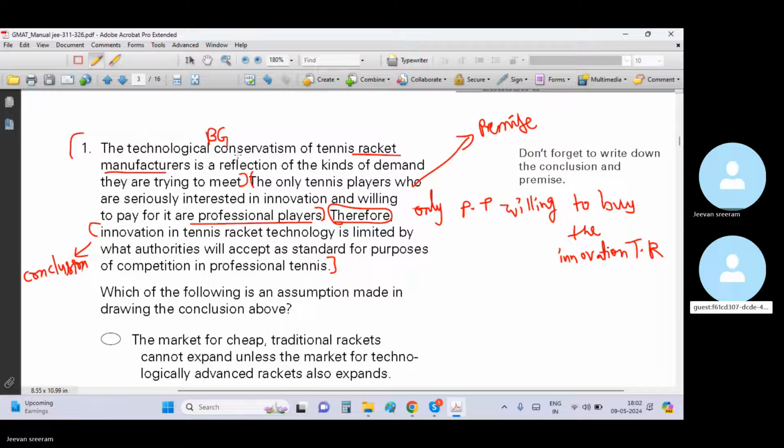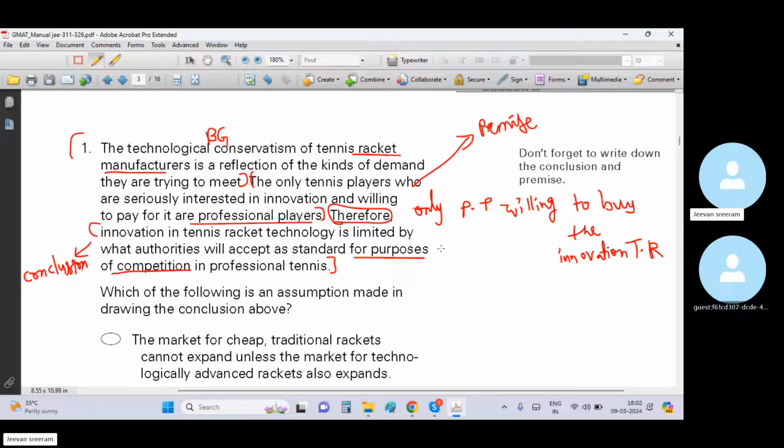Okay, what is his opinion now? Innovation in tennis racket technology is actually limited by what authorities will accept as standard for purposes of competition. Have you understood this? Yes. If they produce any innovative tennis rackets, the professional players first ask whether this innovative tennis racket is accepted by the authorities or not, because professional players should play in tournaments or competitions, right?